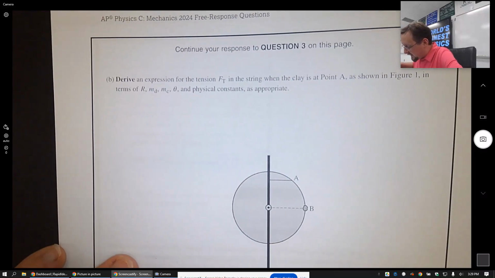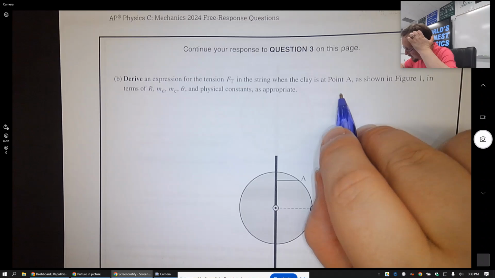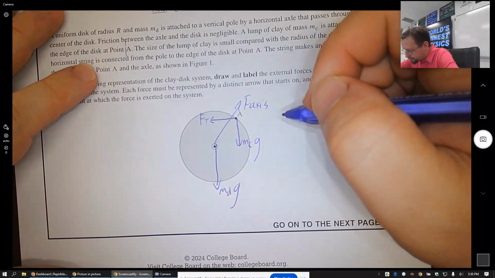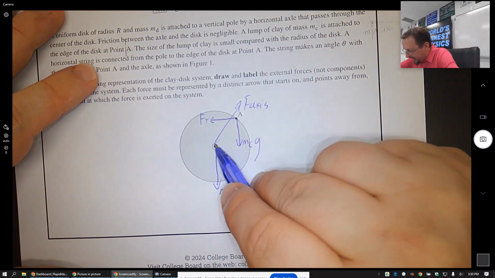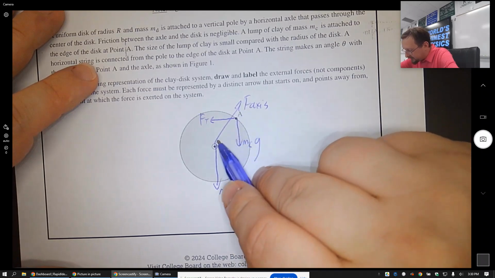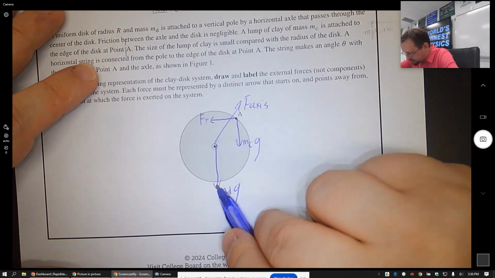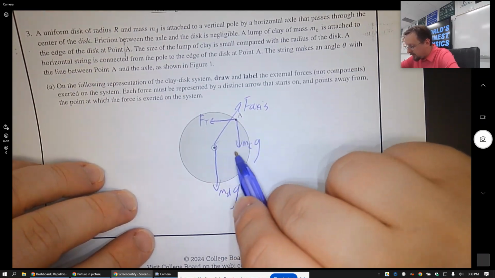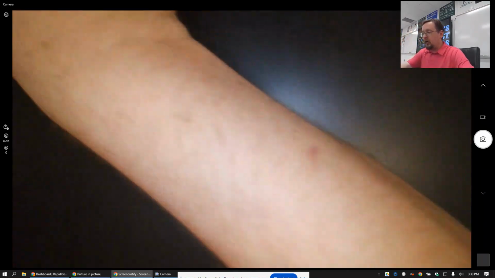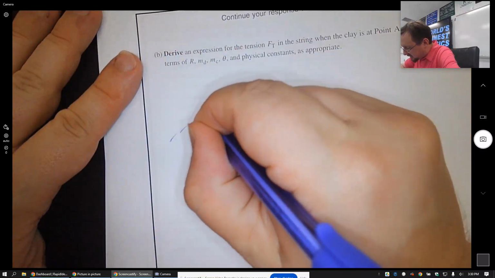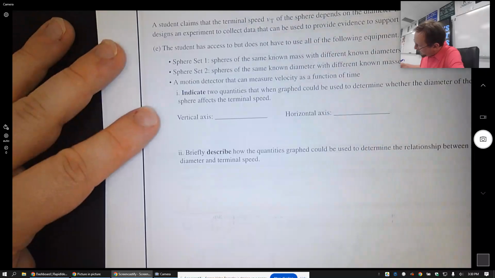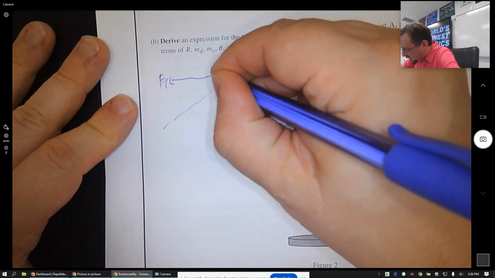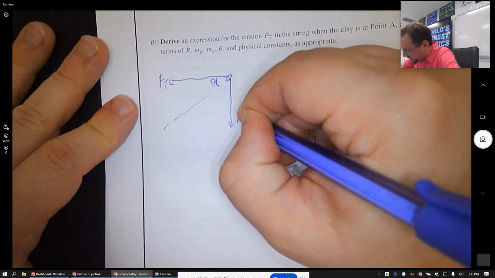Derive an expression for the tension of the string when the clay is at point A. Okay. So if I look at this axis, then the F axis and the M_d g produce no torque. But these two guys are going to produce torque. Where was the theta measured from again? All right, so here is force tension, here's theta, here's mg.